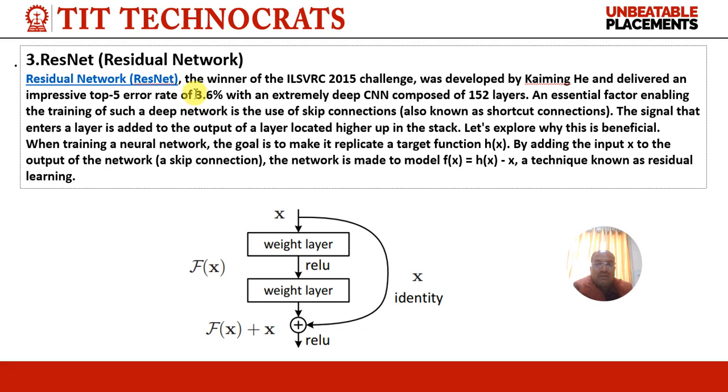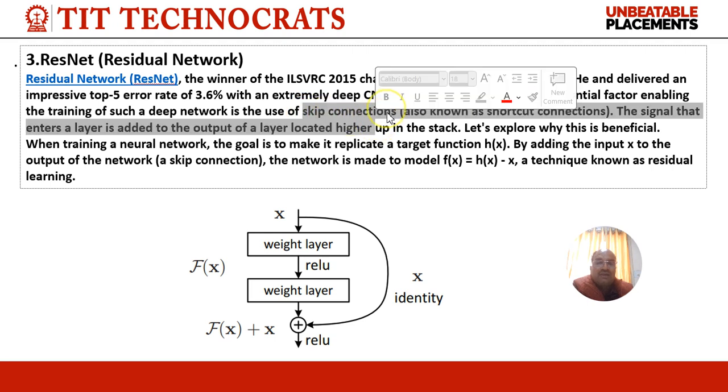So this is the best architecture, an extremely deep CNN composed of 152 layers in total, convolutional and fully connected. The essential factor enabling the training of such a deep network is the use of skip connections. Yes, this is the important part: here we use the skip connection operation.